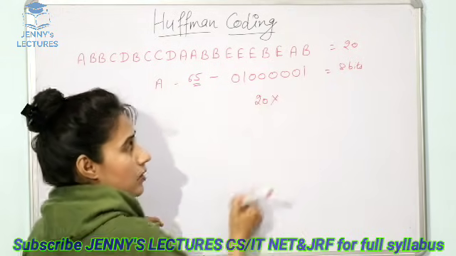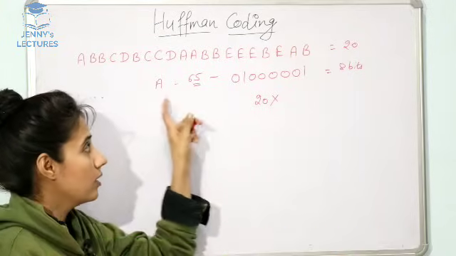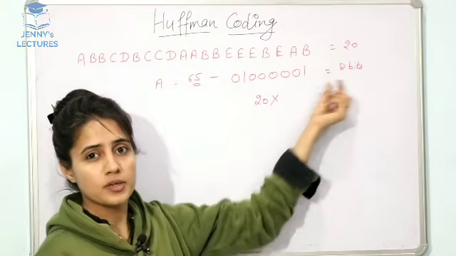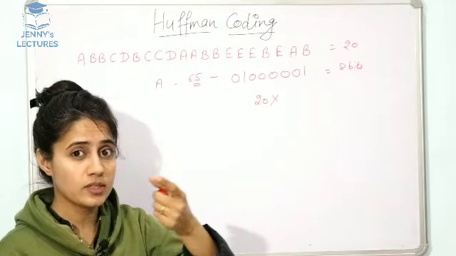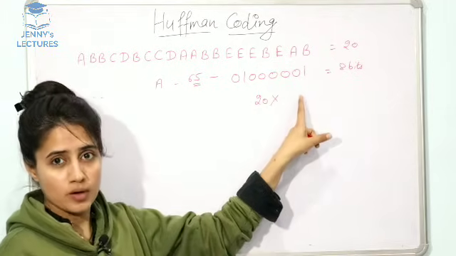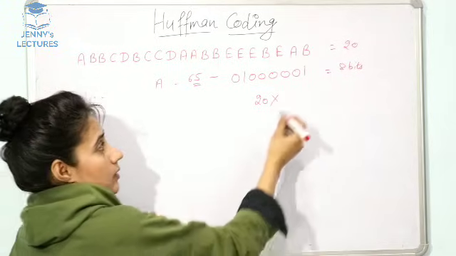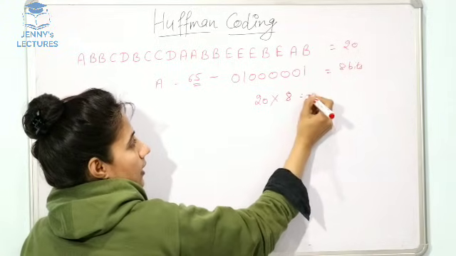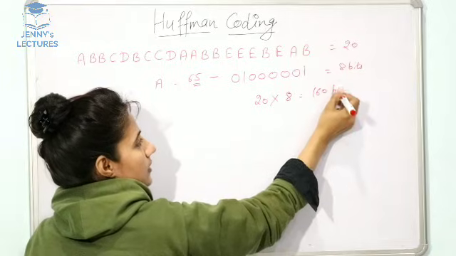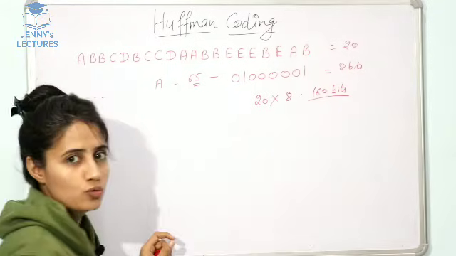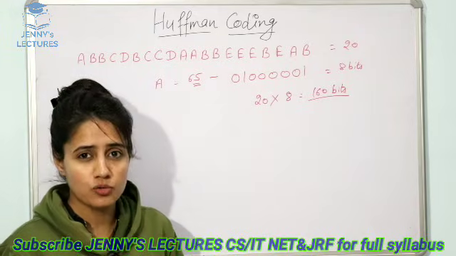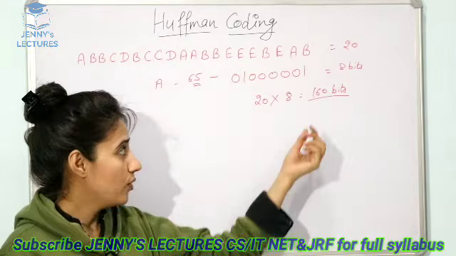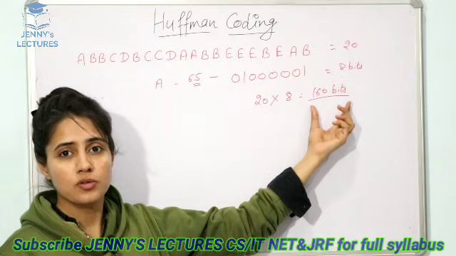For each character 8 bits are used, because the computer only understands the language of 0 and 1. So 20 into 8, that is 160 bits, will be used to transfer this message normally without using any compression technique.